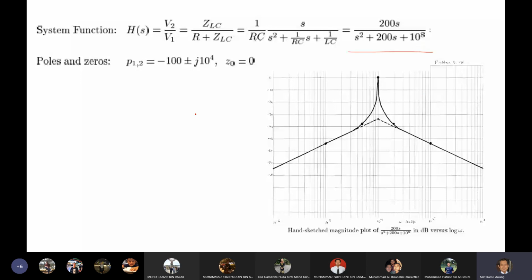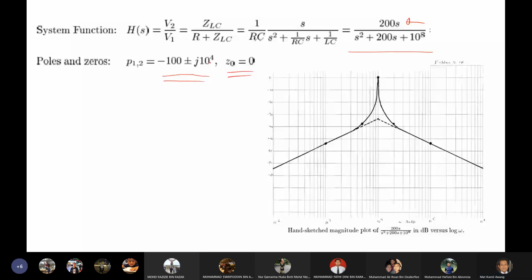So if you factor this out, on top you have a zero at the origin, and the bottom one has a pole at minus 100 plus or minus j 10 to the power of 4.